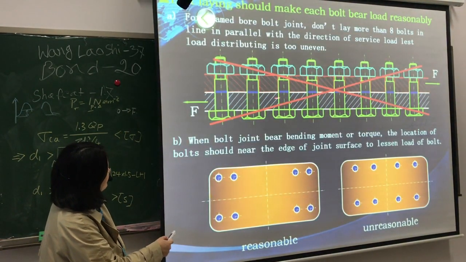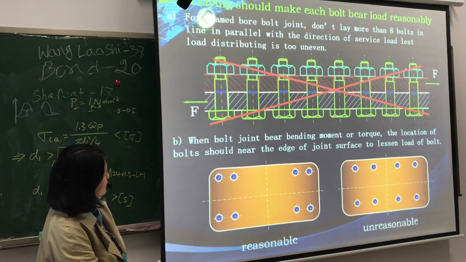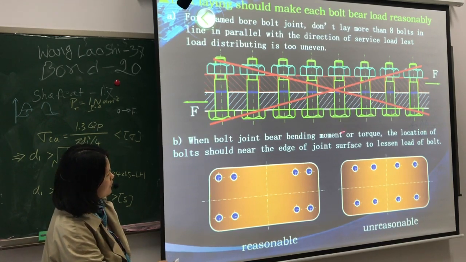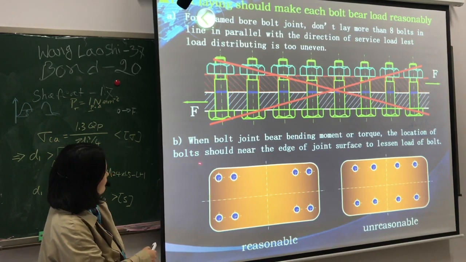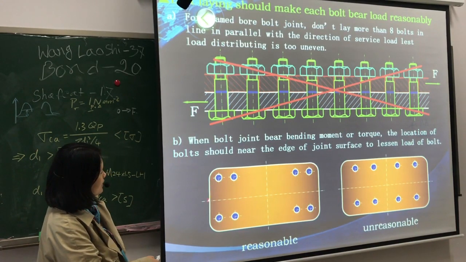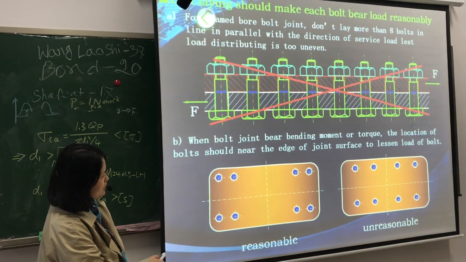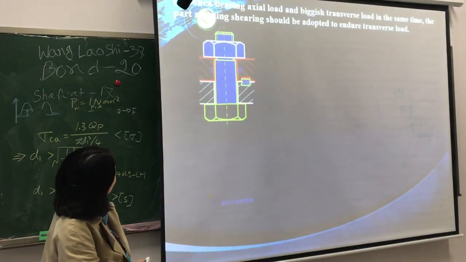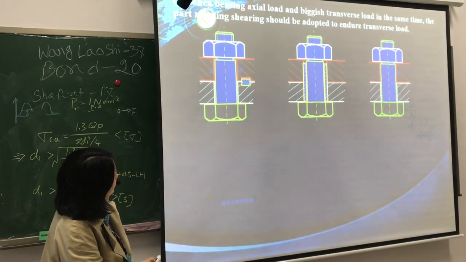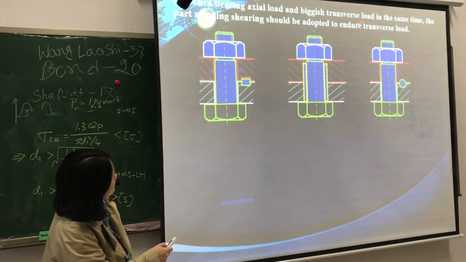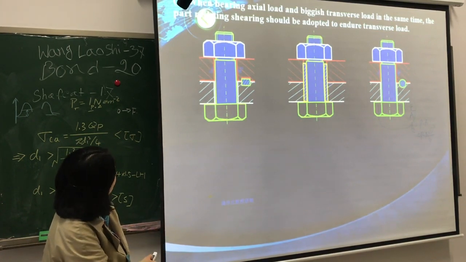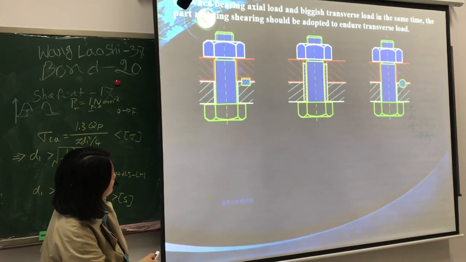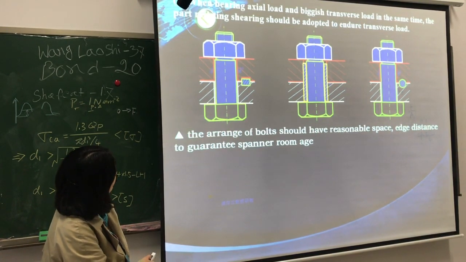This is for the reamed bolt. And when the bolt joint bears bending moment or torque, the location of the bolts should be near the edge of the joint surface. This is reasonable and this is unreasonable. And when bearing axial load and transverse load at the same time, the part resistance should be adopted to endure the transverse load.